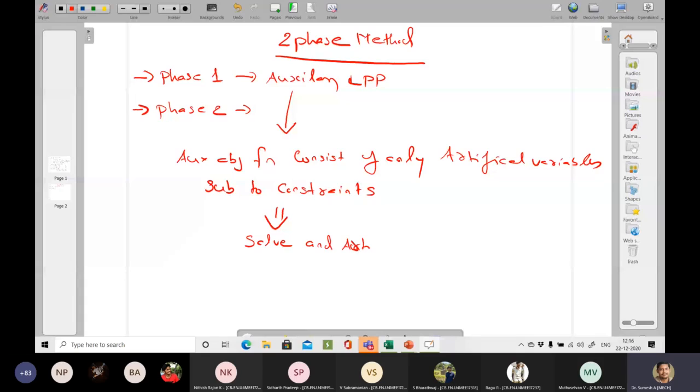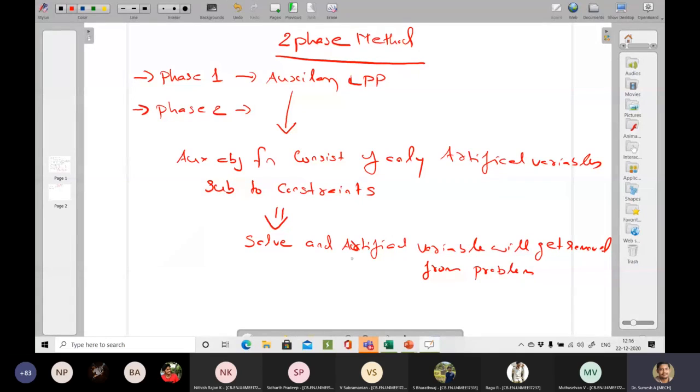So when the artificial variable gets removed from the problem, you can go for phase 2.